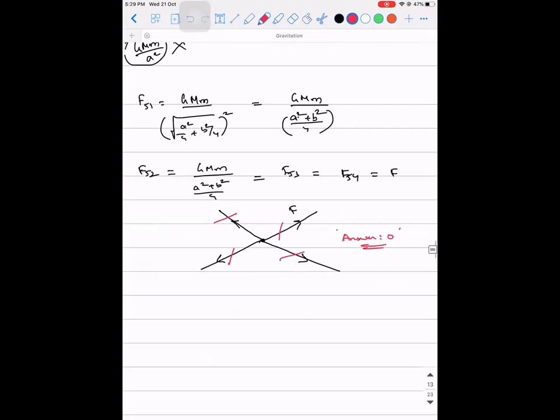I have a doubt. In this sum, can we use the property of rectangle? Diagonals bisect each other. Yes, you can.